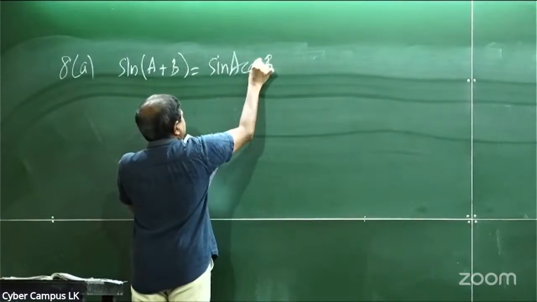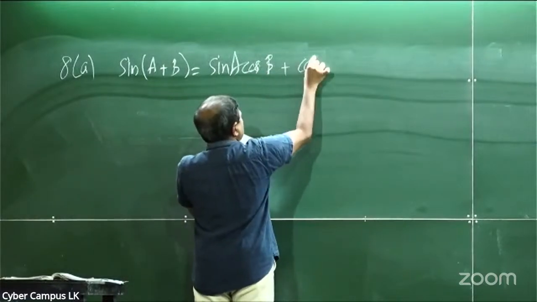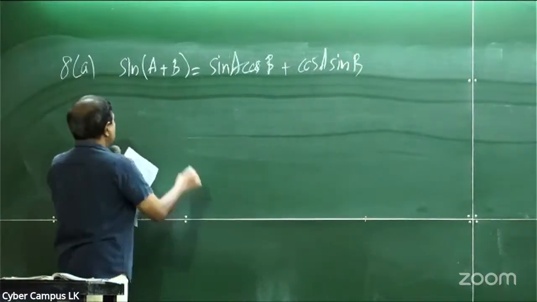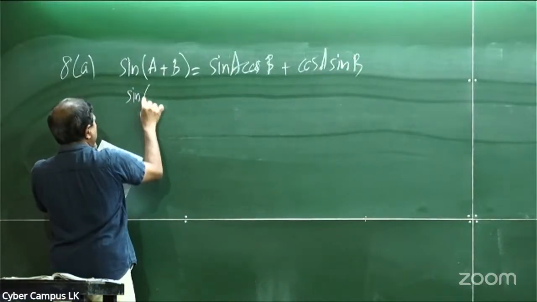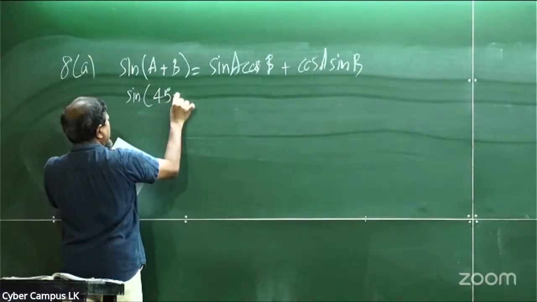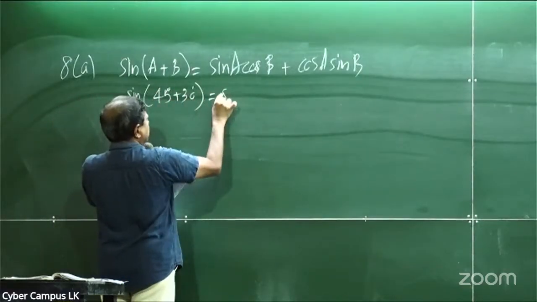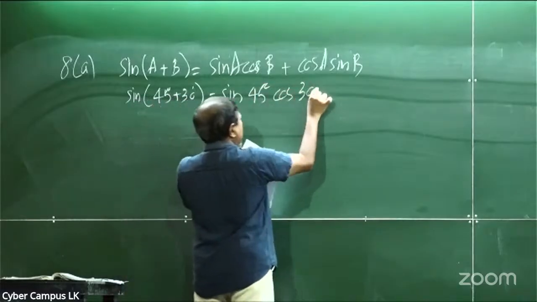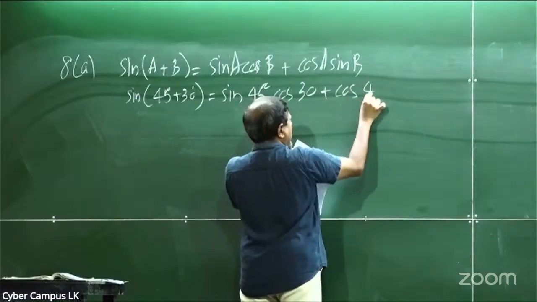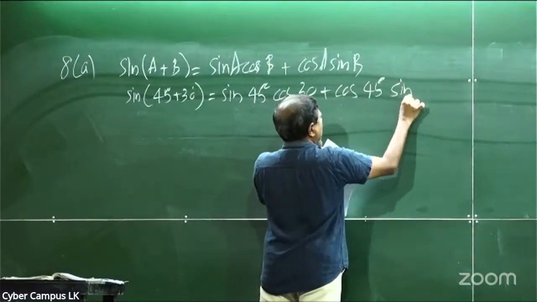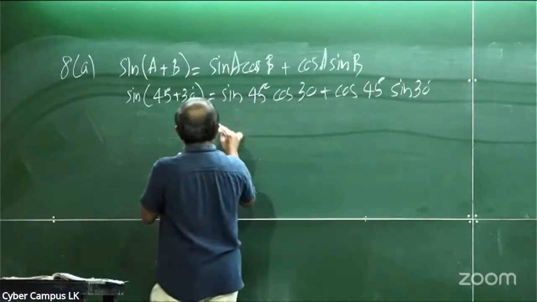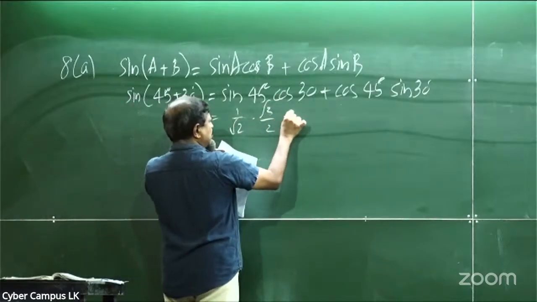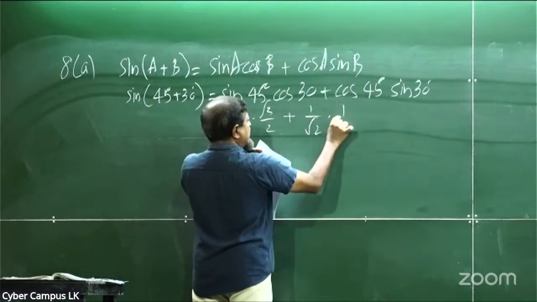Just apply sine A plus B. Now if you take A as 45 and B as 30, this is square root 3 over 2, this half.